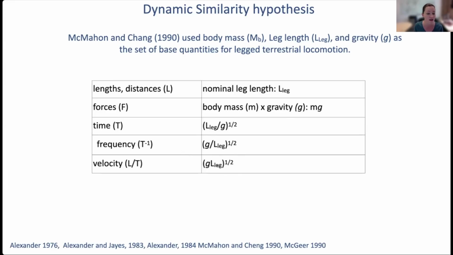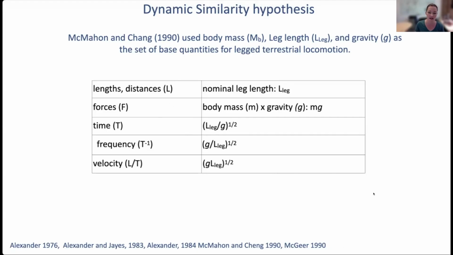Leg length is going to be in units of meters. And so you'll have meters squared per second squared. And when you take the square root of that, it's meters per second. So to normalize things to dimensionless quantities, you would calculate these values and then divide all of your quantities in SI units by these values to make them dimensionless quantities, okay?